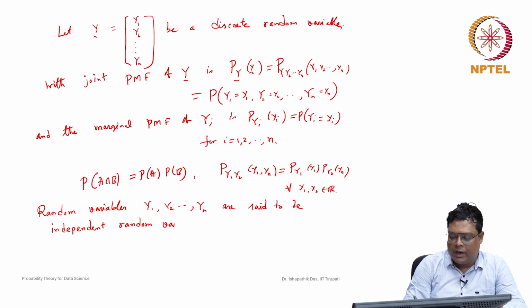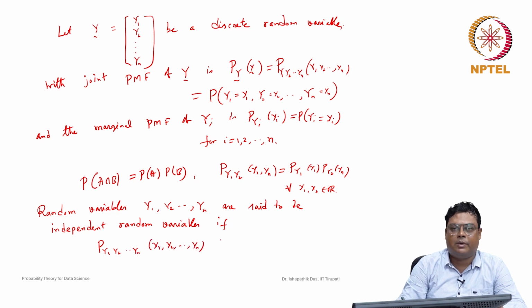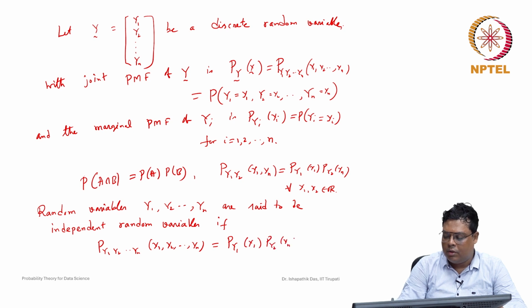if the joint probability mass function, that is P of y1, y2, yn, can be represented as the product over i equal to 1 to n. Instead of this kind of notation, let us write it in a very simple way: P of y1 times P of y2 times P of yn.